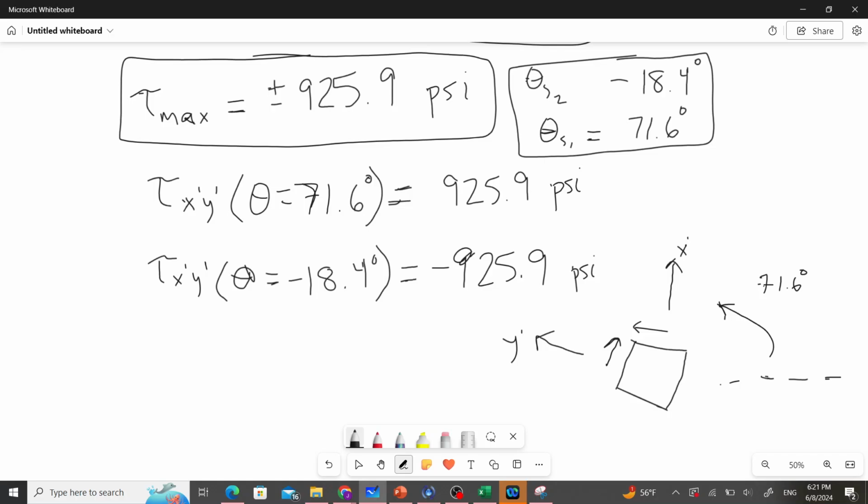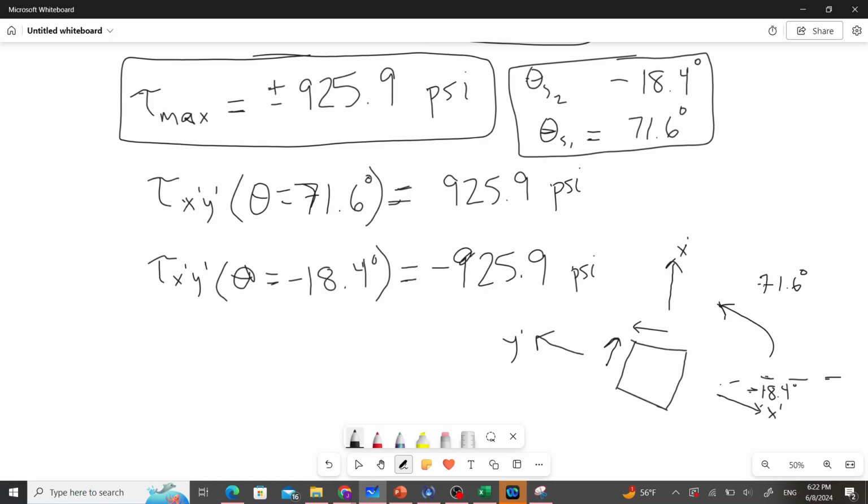If from the same x-axis we rotate negative 18 degrees, then that would be as if we were doing a transformation using an x-axis rotated negative 18 degrees from our x-axis, so we'd end up with x and y rotated like that.